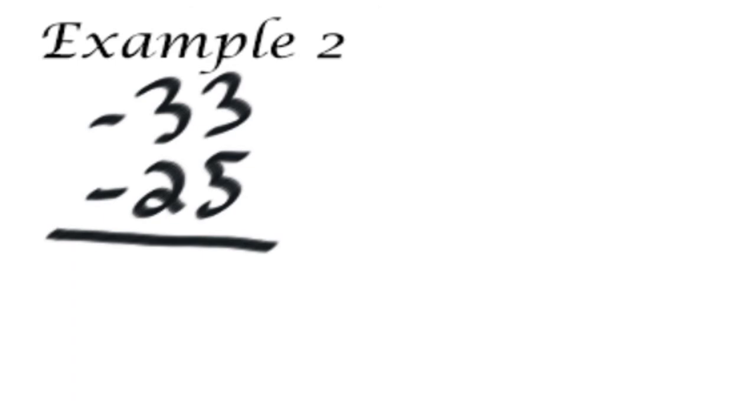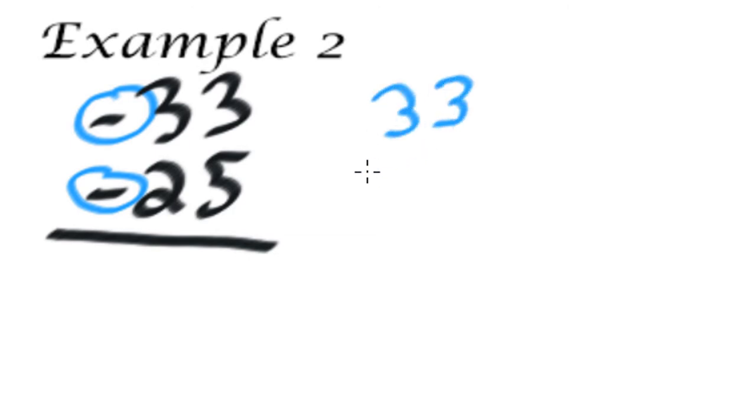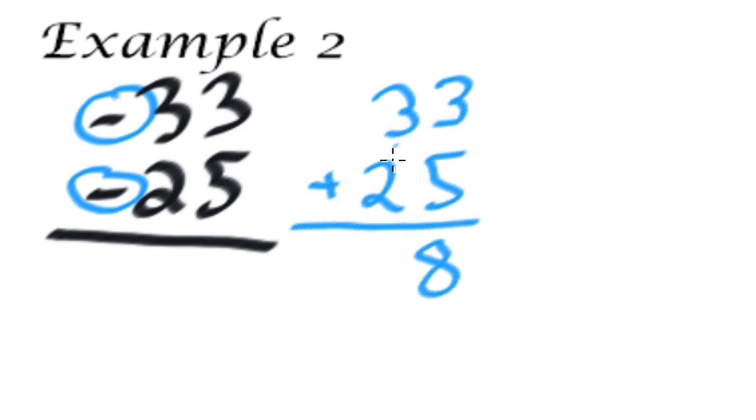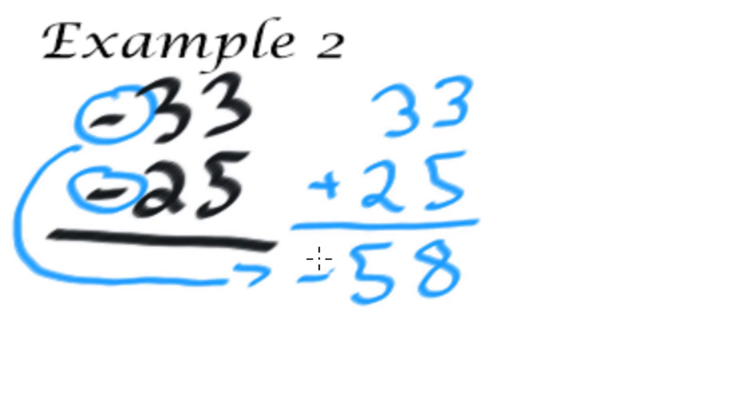Now 33 is the bigger number with a negative sign, but in this case, since we have 2 negative numbers, we can simply turn this into an addition problem. 33 plus 25: the 3 and the 5 make the 8, the 3 and the 2 make 5, and our answer here is 58. But we must keep in mind that 33 did have the negative as the bigger number, so our answer also gets the negative, and then our answer is negative 58.